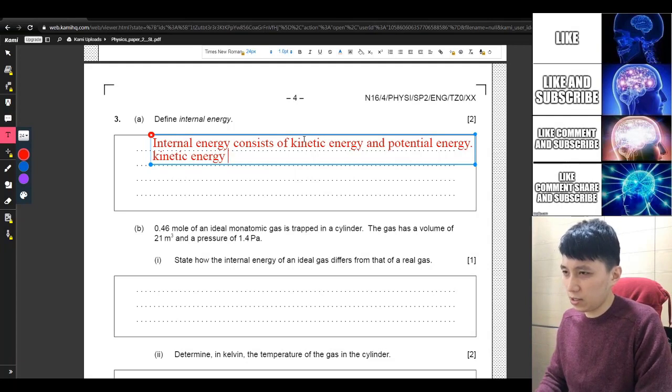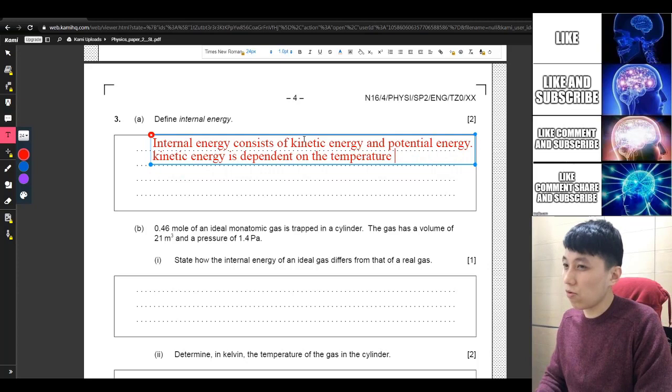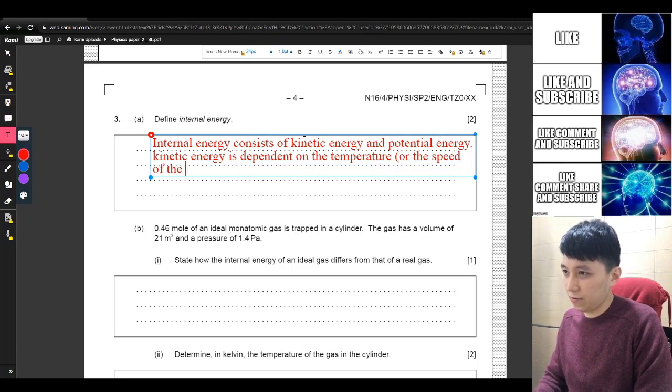So kinetic is dependent on the temperature, which is the speed of the particles, or how fast they move. The more KE you have, the faster you move.